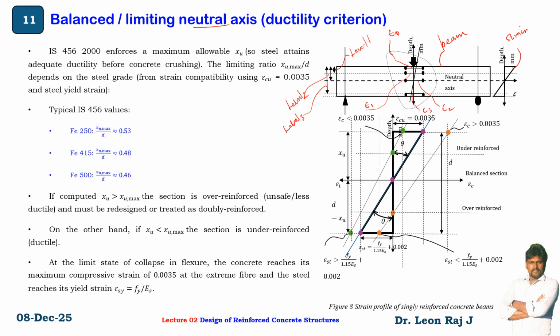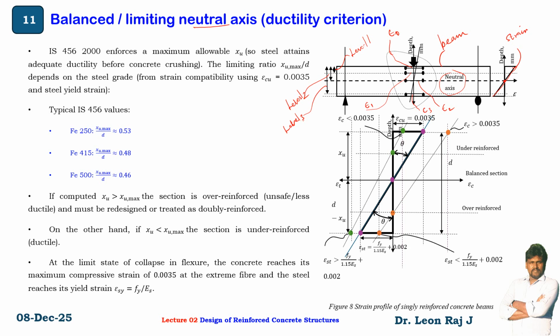If you plot these points, you will get this straight line. This is the neutral axis, where there is neither compression strain nor tension strain. That's why the strain at the neutral axis is 0.